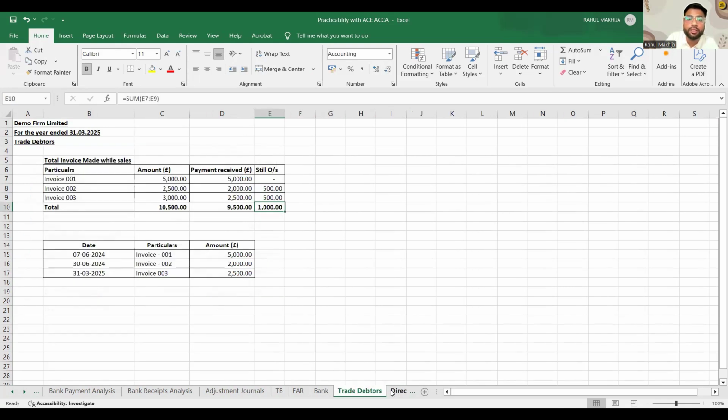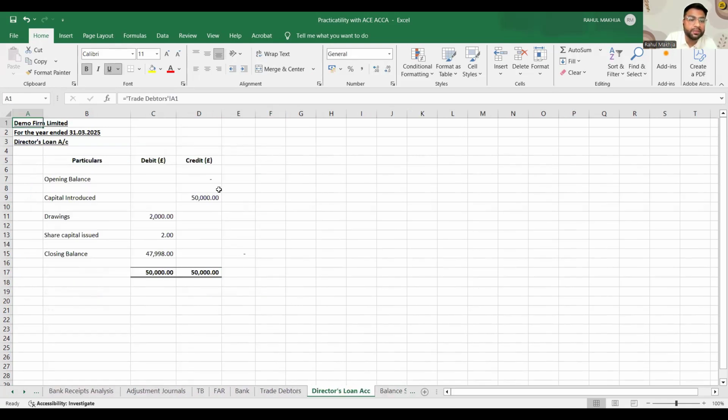Now moving forward to the director's loan account. There was no opening balance, as this is the first year, as we have already mentioned. There was a 50,000 capital introduced, which is categorized under DLA on the credit side. And there were drawings made by Harsh in the bank statement. There are 2 directors, Rahul Makija and Harsh Walani.